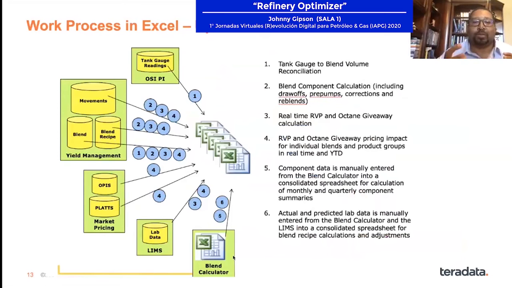So putting everything in your data warehouse or in a data system or anywhere you want to put it, removing the human keyboard element will save you a lot of time and a lot of money. Because usually if you find an error, you have to correct that error before you can start your next blend or the next batch.